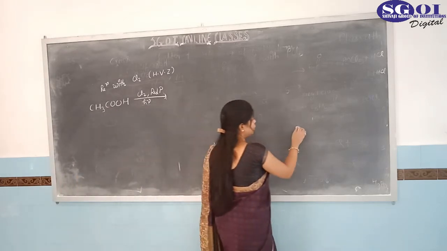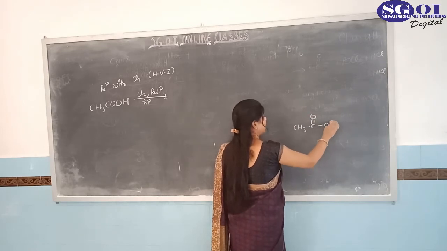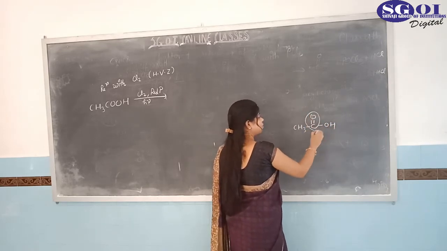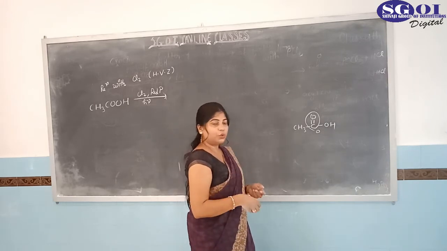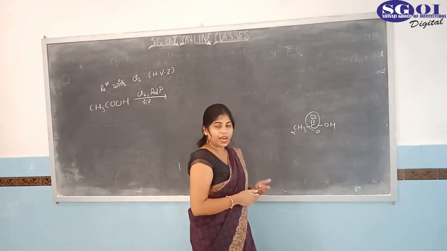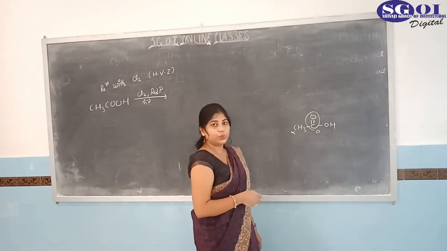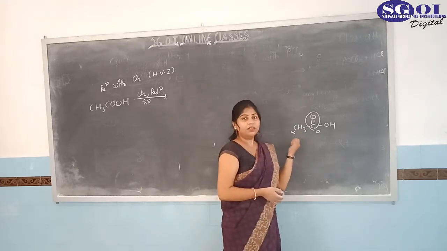What is alpha hydrogen? CH3COOH. The functional group is taken as 0 and the next carbon connected with it is known as alpha carbon, and the hydrogen attached with alpha carbon is known as alpha hydrogen. So in acid there are 3 alpha hydrogens here.